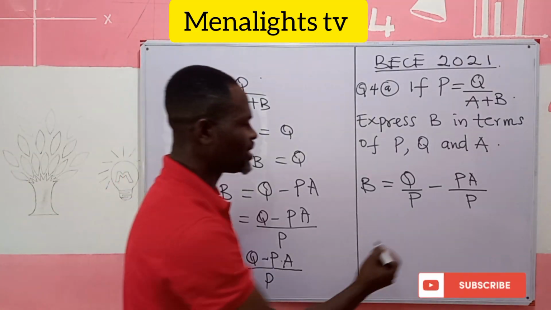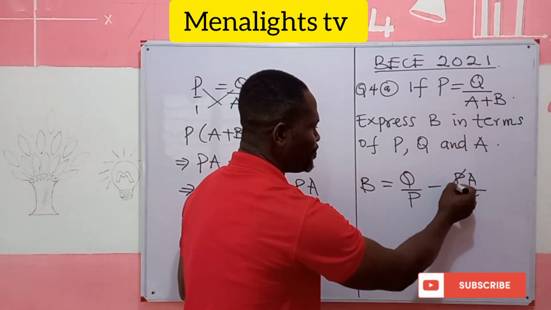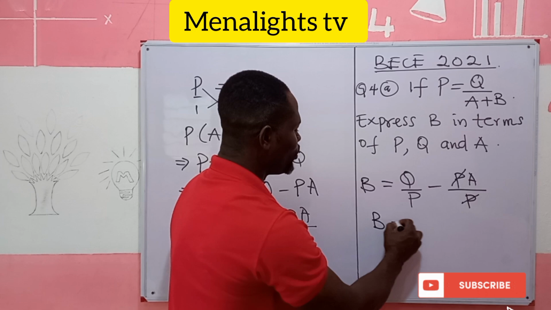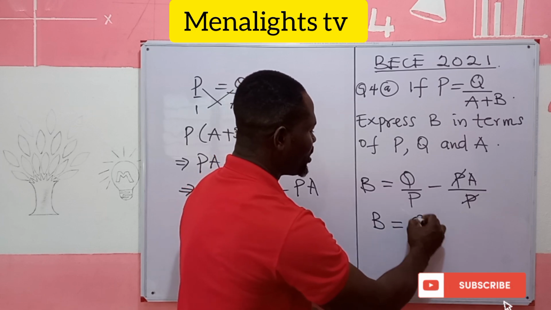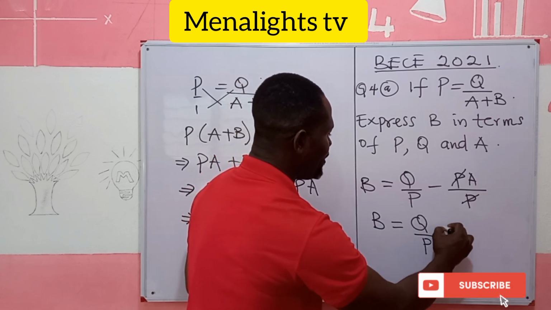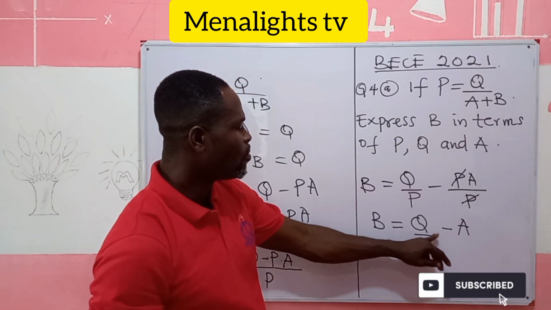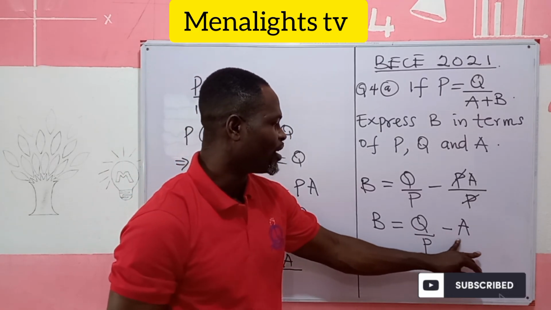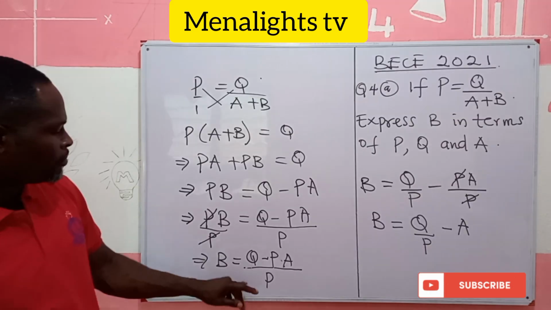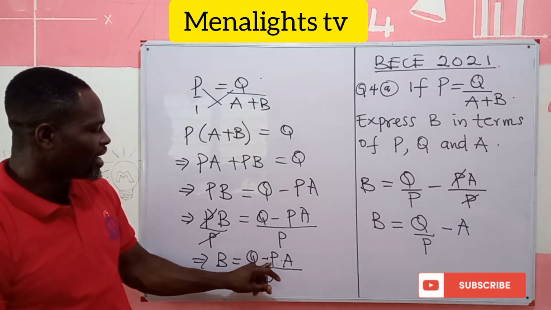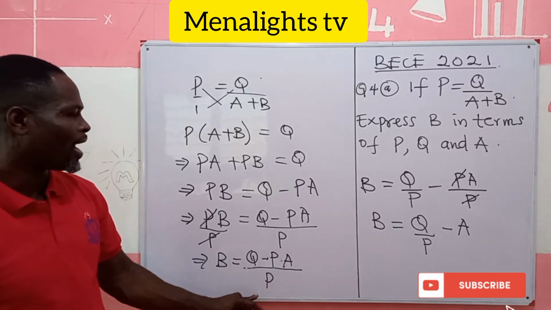So the P can cancel the P here. Then we have our B, which is equal to Q over P minus A. B is equal to Q over P minus A, or B is equal to Q minus PA all over P.